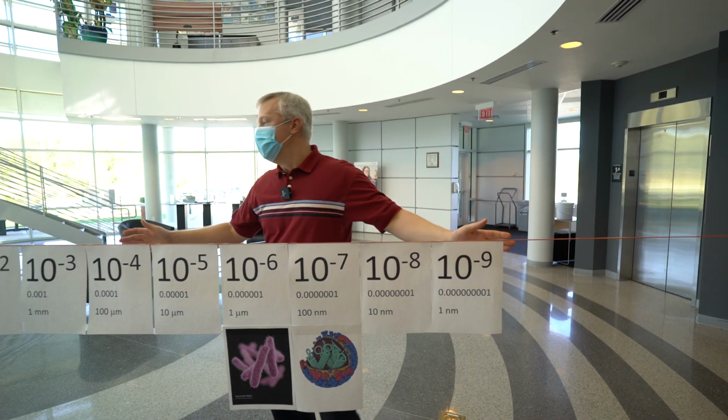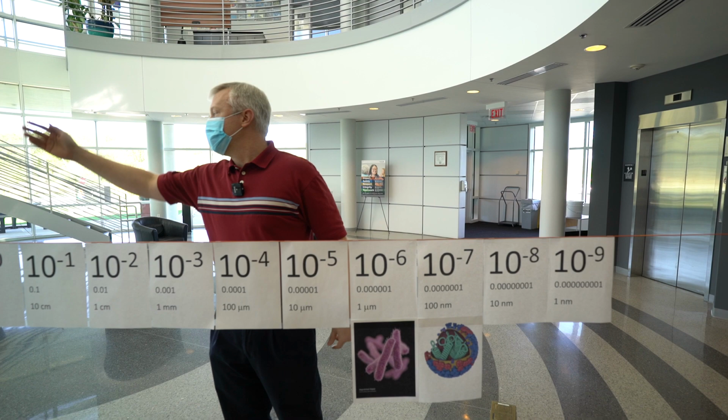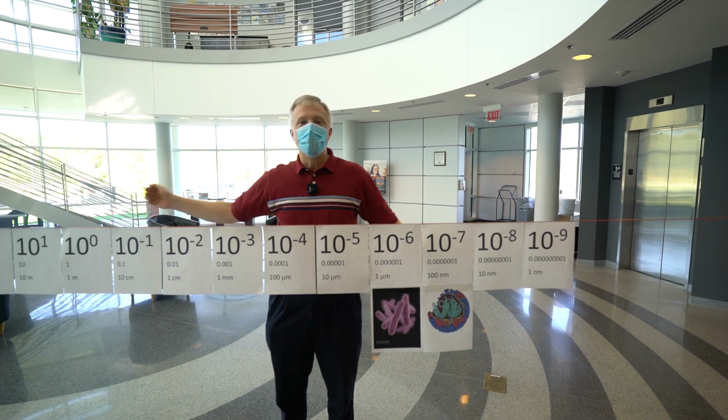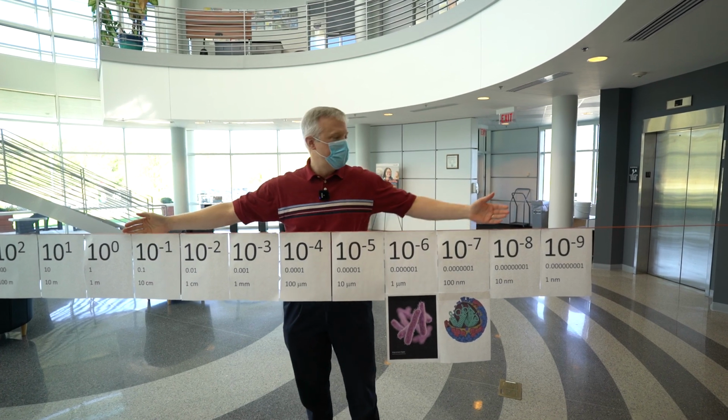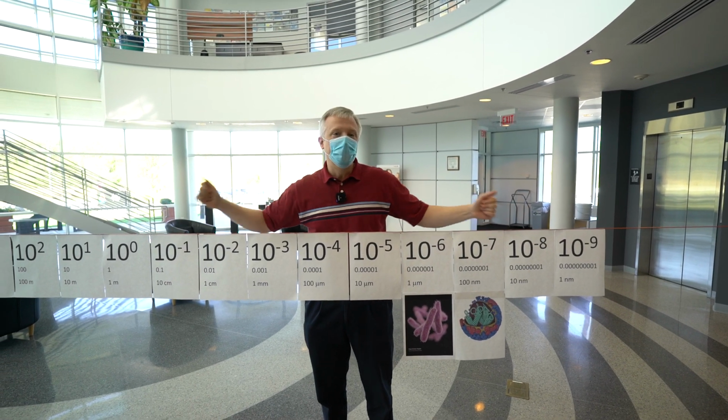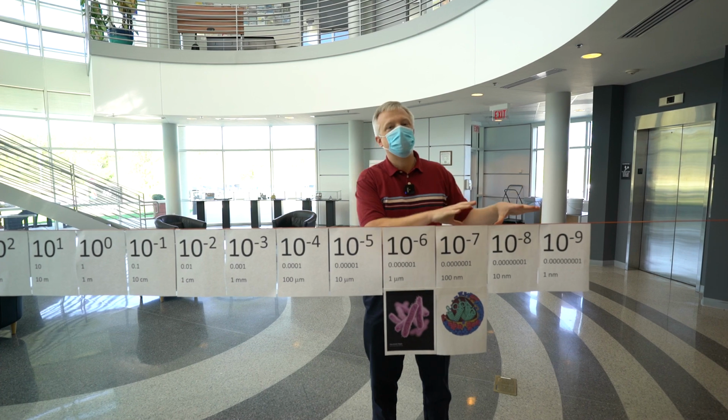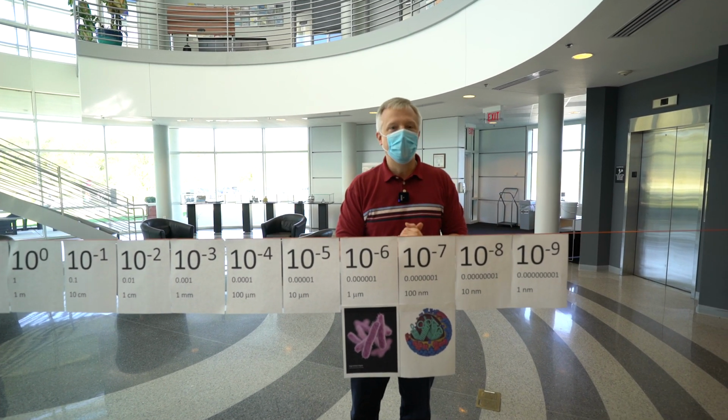So if you remember, 10 to the 0 to 10 to the 8 takes us all the way from you and me out to the moon. From 10 to the 0, another arm span, we're down into the nanometer range, almost down to the level of individual atoms.